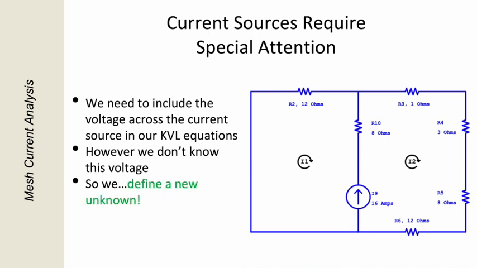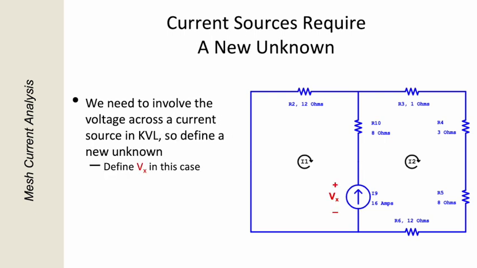Therefore, we define a new unknown. Yeah, that's a good idea. So we could use the unknown, call it Vx. It's a voltage, so we need to define not only the unknown quantity, but also its polarity. Okay, plus sign up, fine.